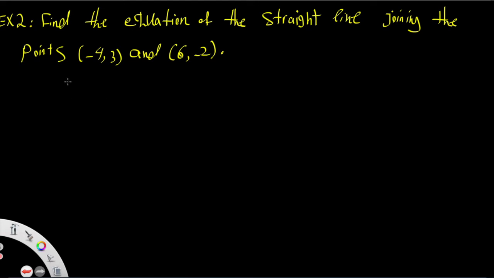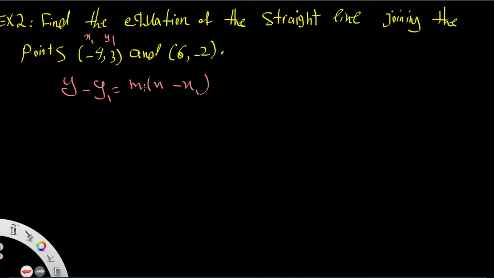Now here I write the formula: y minus y1 is equal to m(x minus x1). As we know, x1 and y1 are coordinates of 1 point on the line, while we have 2 points instead of 1 point. So I consider this one as x1, y1. But why are we given 2 points?